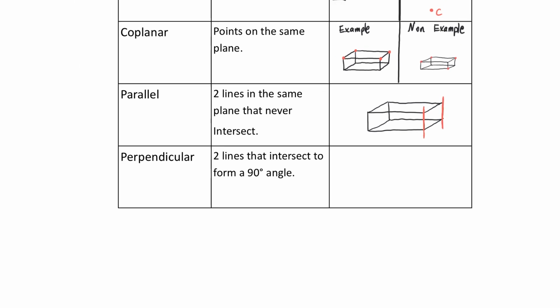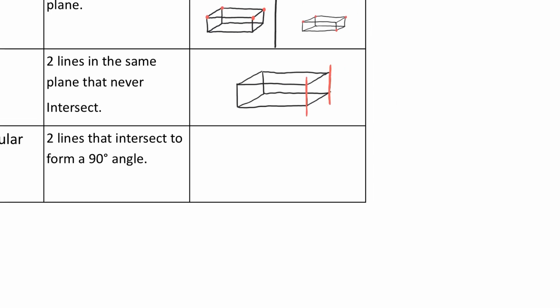Okay, next one is perpendicular. What does perpendicular mean? Okay, good. All right, so what I want to do here, we're going to do two things. First of all, let's draw another rectangular prism real quick.